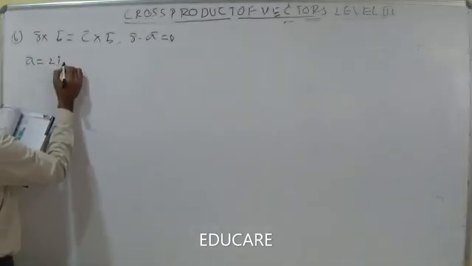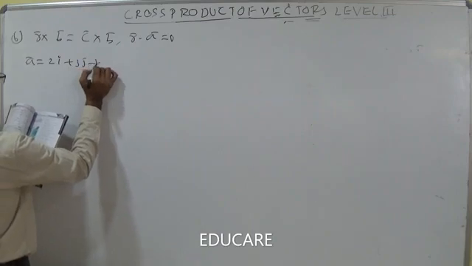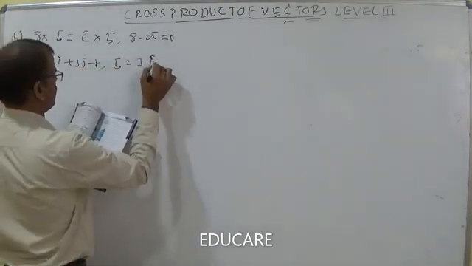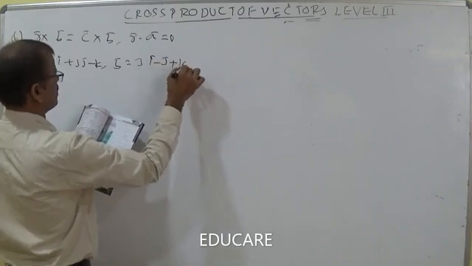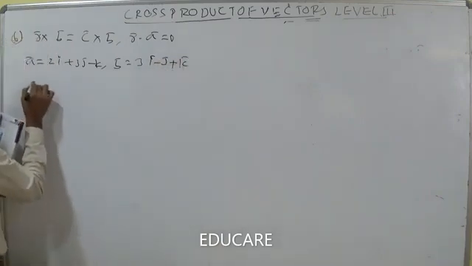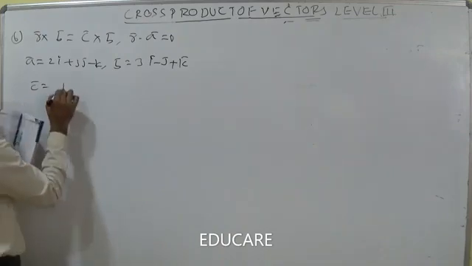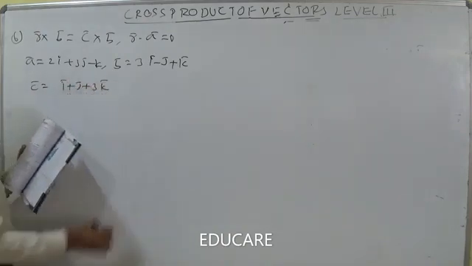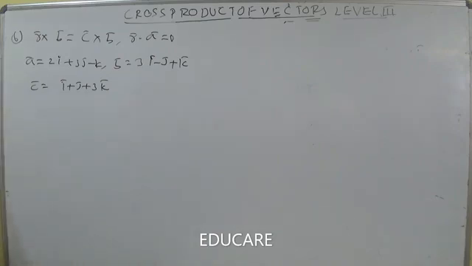A bar is equal to 2I plus 3J minus K, B bar is equal to 3I minus J plus K, and C bar is equal to I plus J plus 3K. Then what is R bar? You should calculate only R bar.